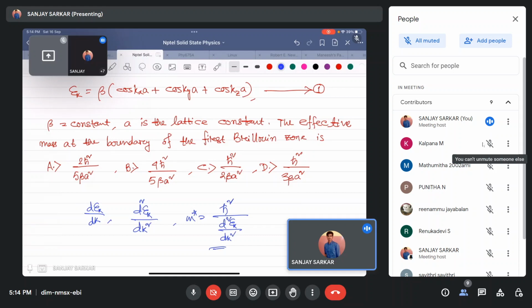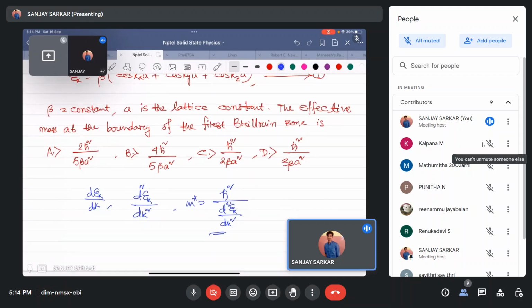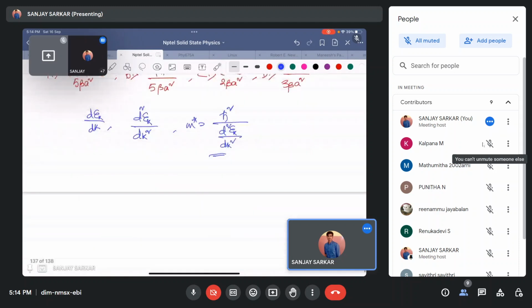So the effective mass at the boundary of the Brillouin zone. At the boundary, we know that the k values are plus minus pi by a. So use that also: at the boundary kx, ky and kz are all plus minus pi by a for the first Brillouin zone. So you have to put pi by a, pi by a, pi by a.